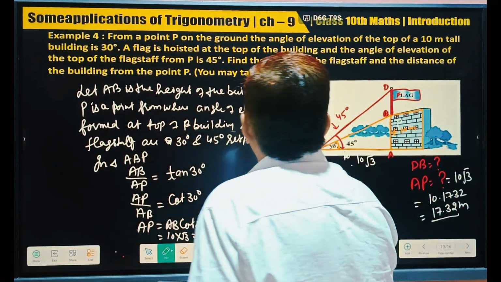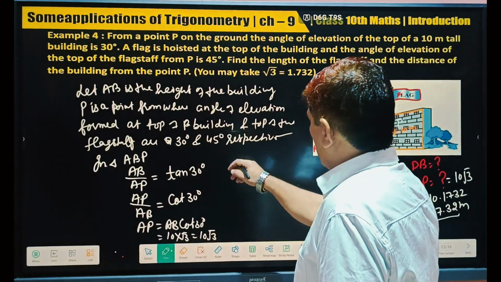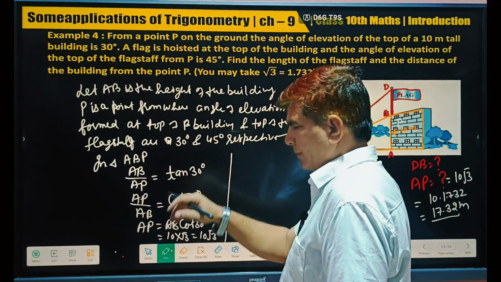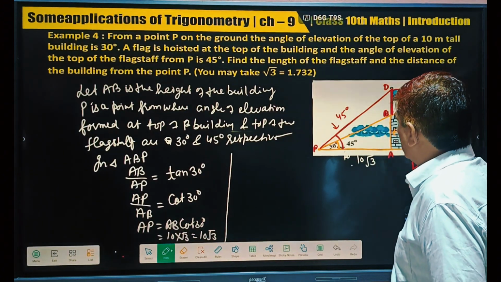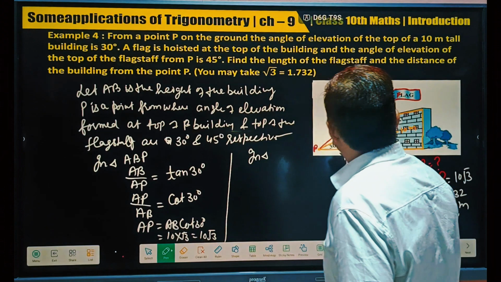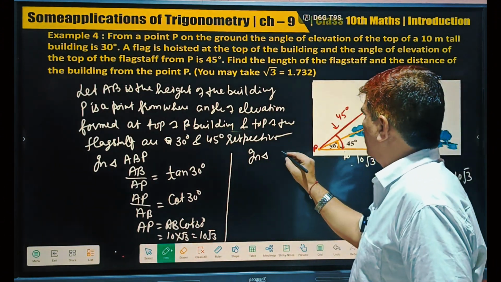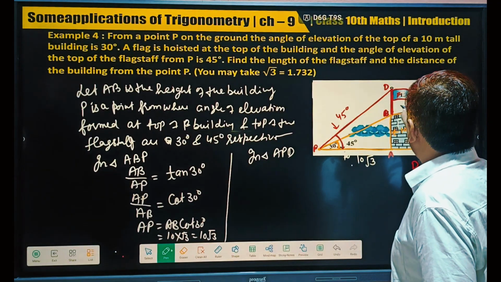Yes or no? Got it? Now second point. Second is this, we have to find out this. So which triangle can you take? APD.